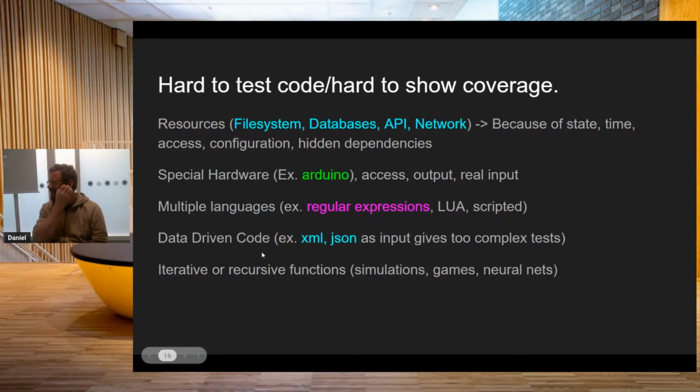Okay, data-driven code. This is almost the same thing as when you have a regular expression. Sometimes we write code where most of the logic is perhaps in a JSON file or in an XML file. So you configure your program in a very detailed way using data. For instance, when you write an Android application, you are configuring how classes are supposed to be put together using XML, I think.